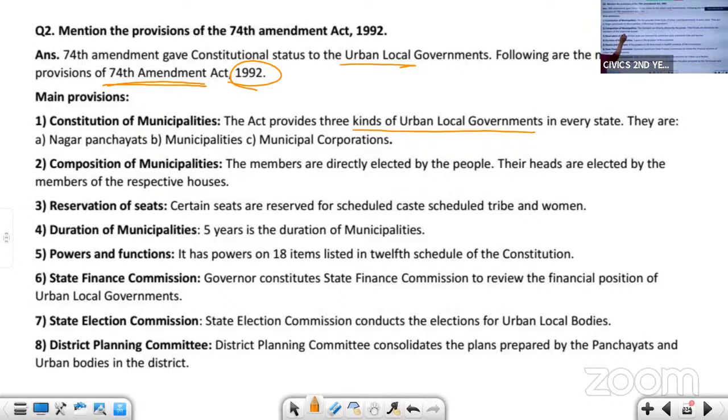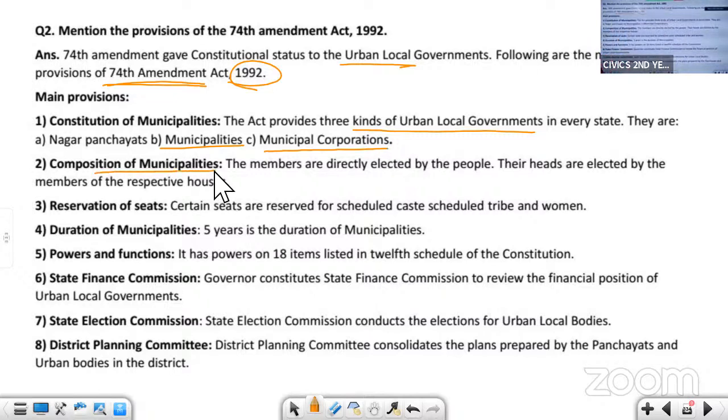Then we have municipalities. These municipalities are for small cities. And municipal corporations are for big cities. So let us see how municipalities are formed.